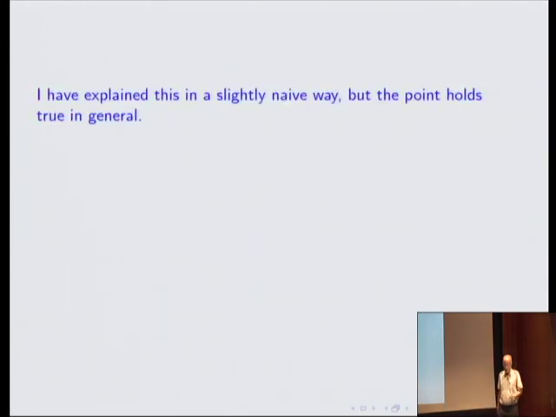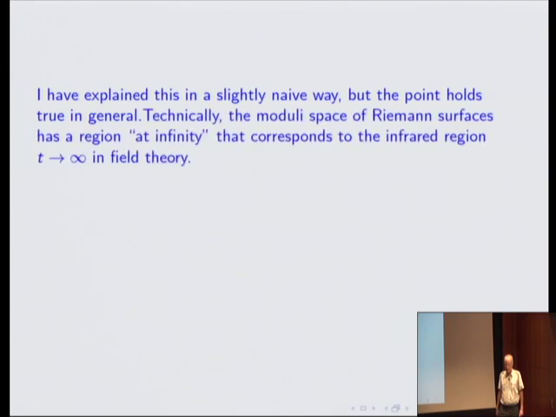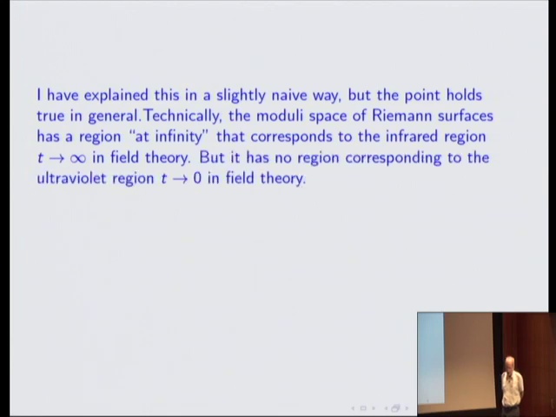So I've explained this in a slightly naive way, but the point holds true in general. Technically, I'll give you the technical statement, but to understand it is for string theorists, not for quantum physicists who just want to know the minimum. Technically, the moduli space of Riemann surfaces has a region at infinity that matches the infrared region in field theory for all possible graphs with the appropriate number of loops.